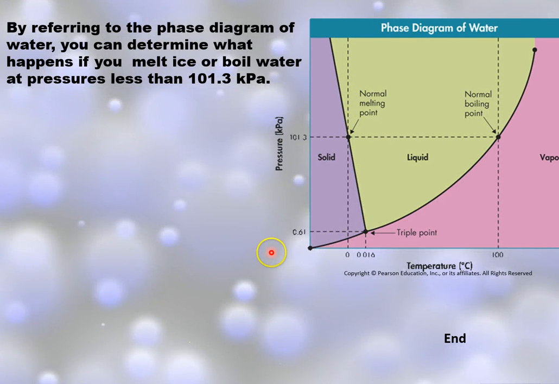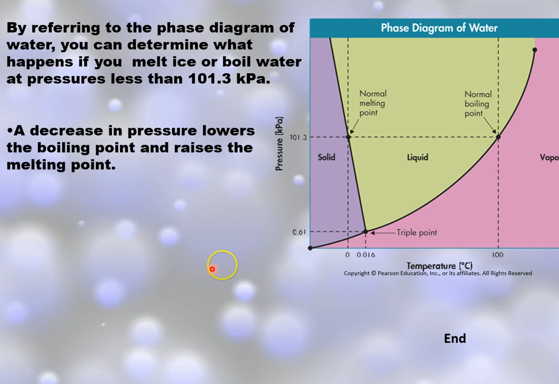Now, we can look at the phase diagram and predict what would happen if we lowered the pressure of water. If we decrease the pressure, that's going to lower the boiling point. Let's take a look at that. Here's the normal boiling point. If we lower the pressure from atmospheric pressure, 101.3, we'll see that as we lower the pressure, the boiling point is going to decrease. But when you lower the pressure, the melting point actually goes up.